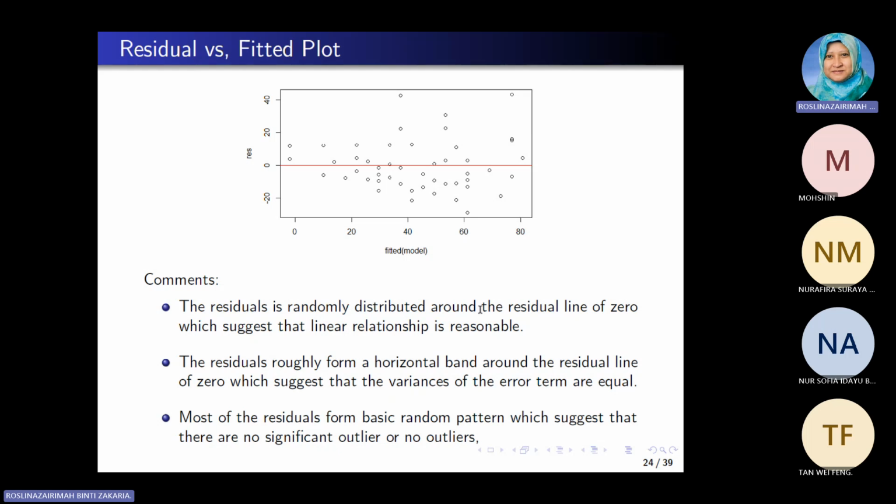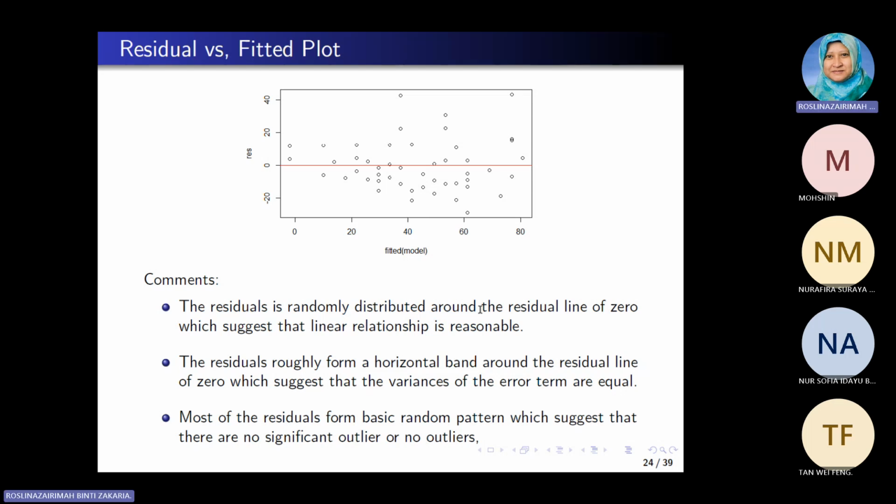Secondly, the residuals roughly form a horizontal band around the line of 0, within a certain limit, which suggests that the variances of the error term are equal. So from this plot, it also tells us about the variability of the residual. In this case, we want it to be equal.